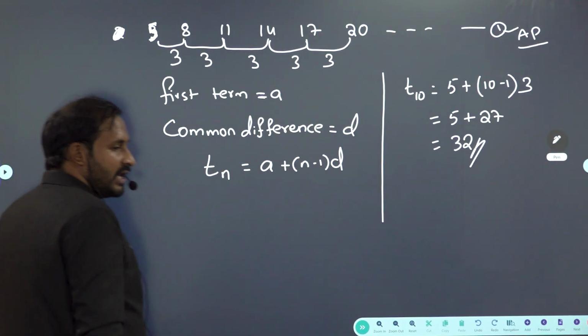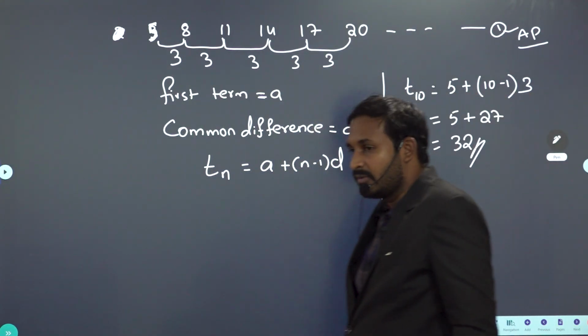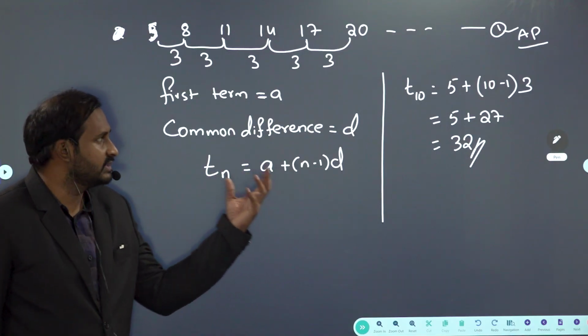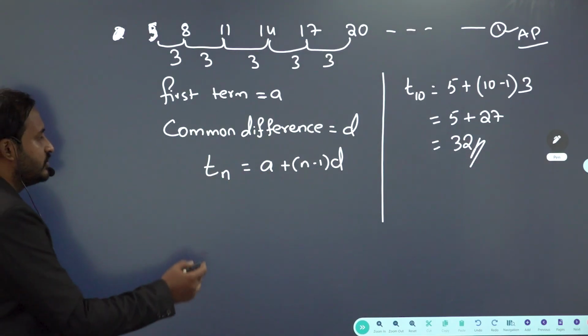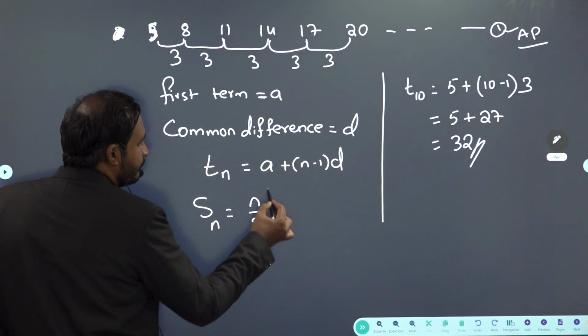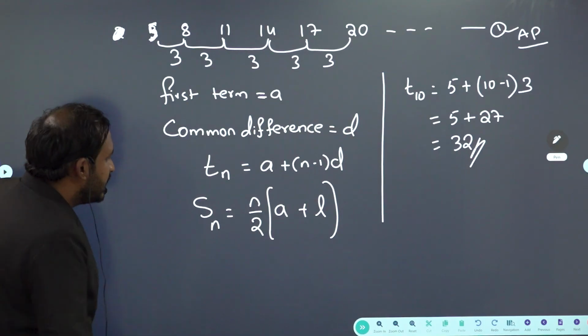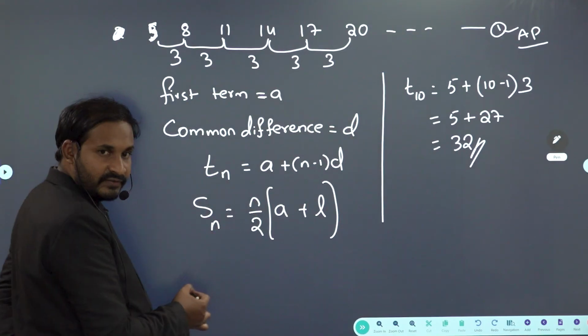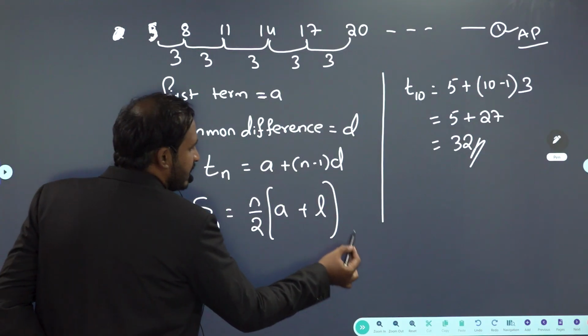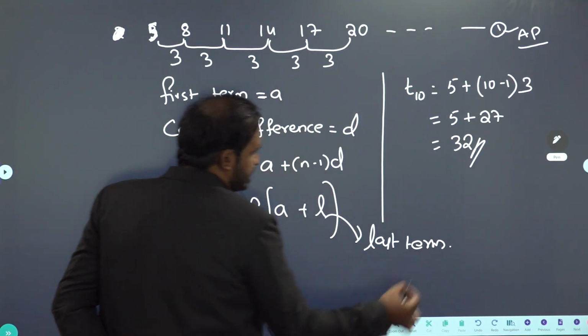And similarly, if I want to find the sum of some particular 20 numbers or 30 numbers in this series, how will we find it? Sum to n terms is equal to n by 2 into A plus L. Here n indicates the number of terms, A is the first term and L is the last term.